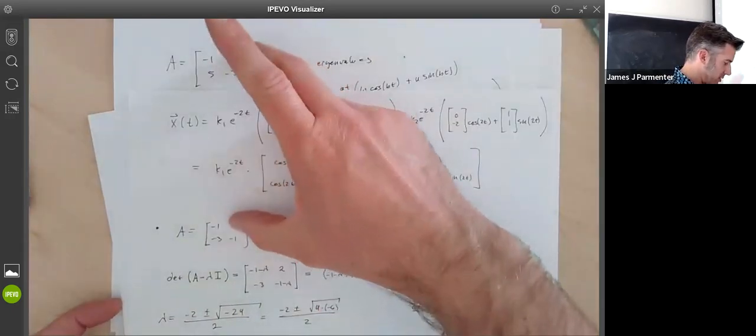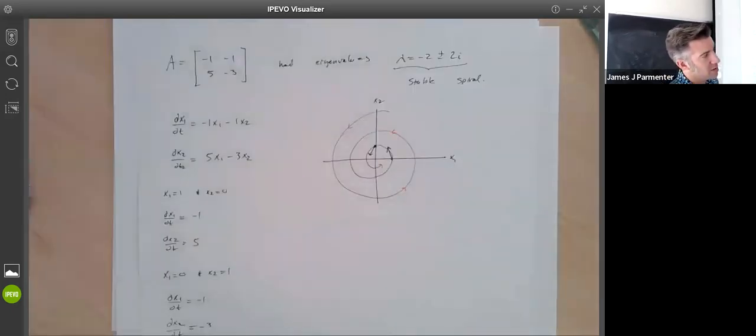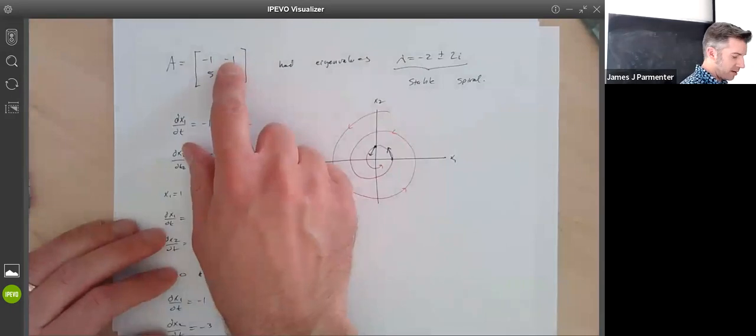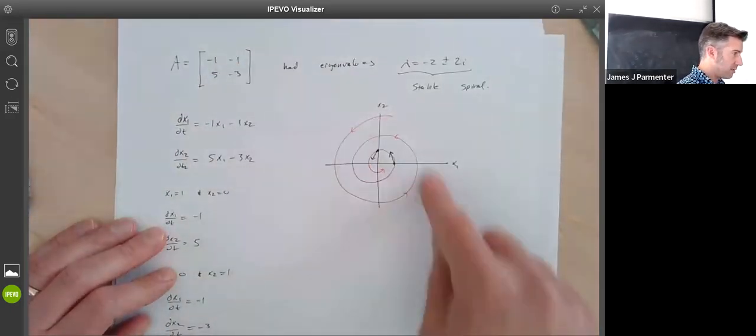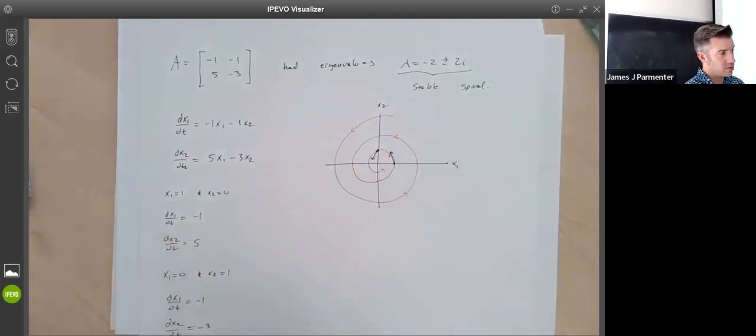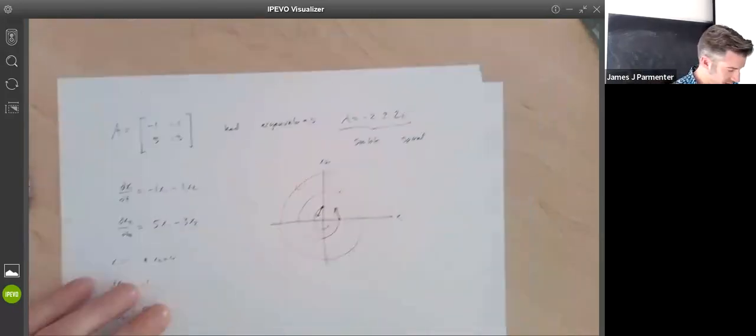So this one's positive, whereas this one's negative. So you could say, if it's a negative up here, it's counterclockwise, and if it's a positive up here, it's clockwise. I want to caution you, you can only say that if you know it's a spiral. If it's a node, that's not the case. But let's look at the other one real quick just to see.